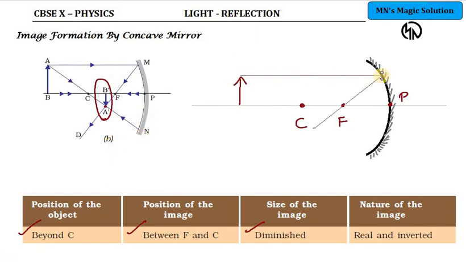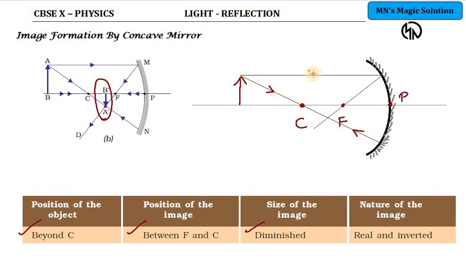So these 2 rays, exact straight lines, we are going to draw now. You have to draw a line which is parallel to the principal axis. After reflection it passes through the focus will be the next line. Next, I am going to draw a line which is passing through the center of curvature, and it again retraces its path under that concept. So this is my incident ray, thereby the reflected ray travels in the same direction.